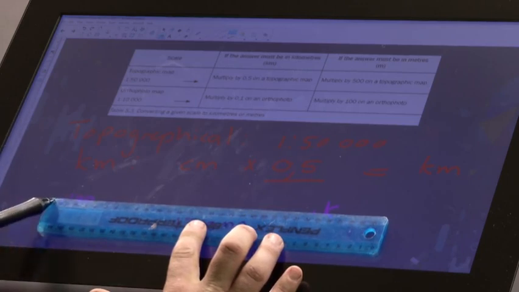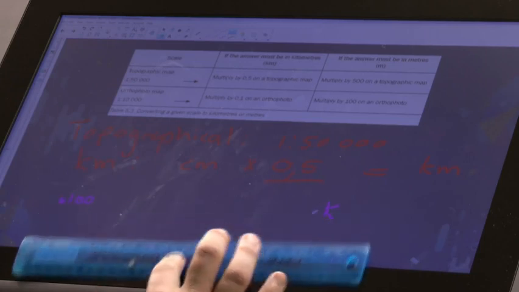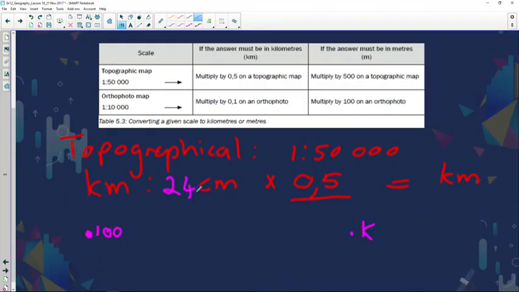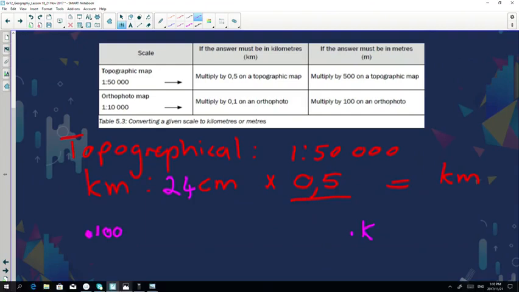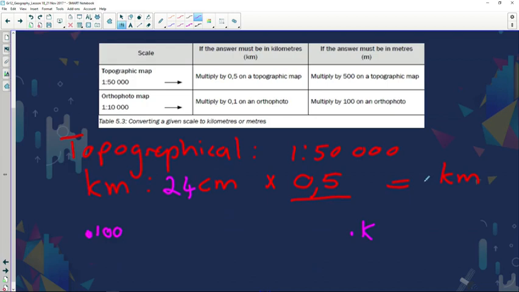From there to there, that gives me 24 centimeters. So you write down 24 centimeters times 0.5. Let's quickly calculate that. 24 times 0.5, and your answer is 12 kilometers. And that's how easy it is.